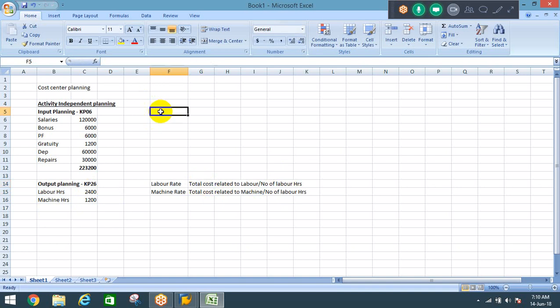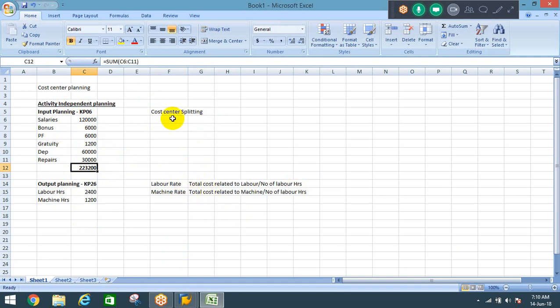For this we need to do the cost center splitting. The cost that we have in the cost center has to be split into labor cost and machine cost.